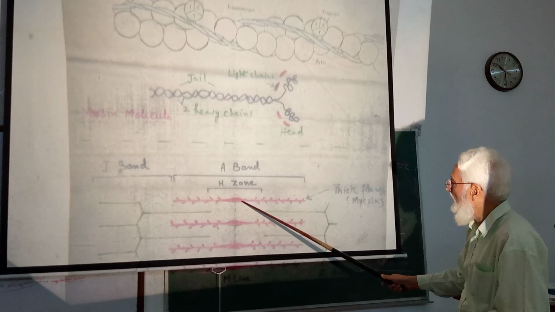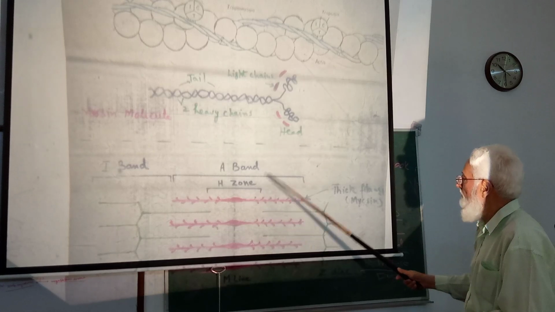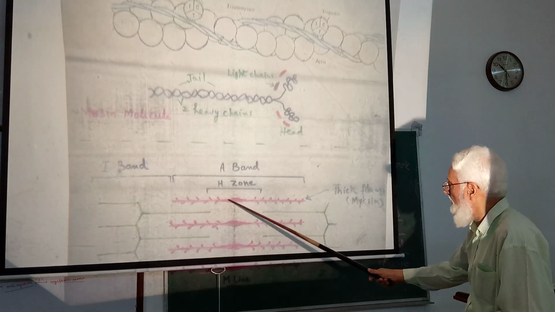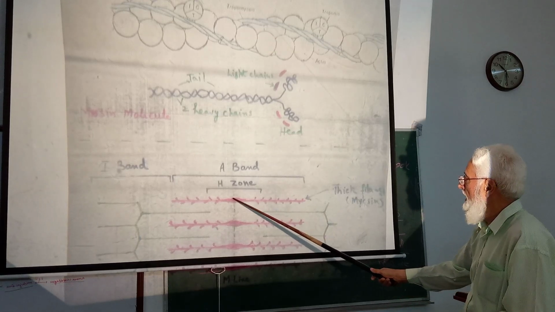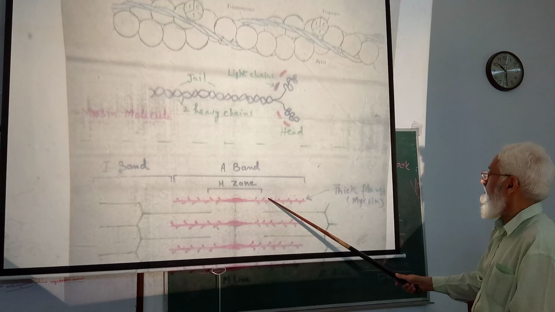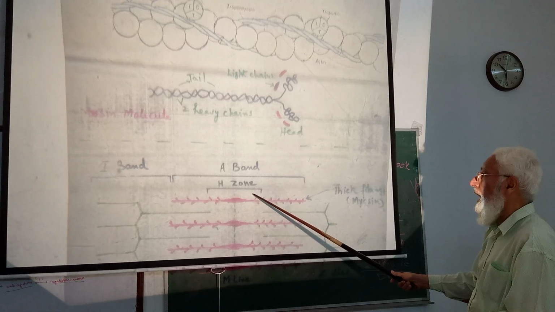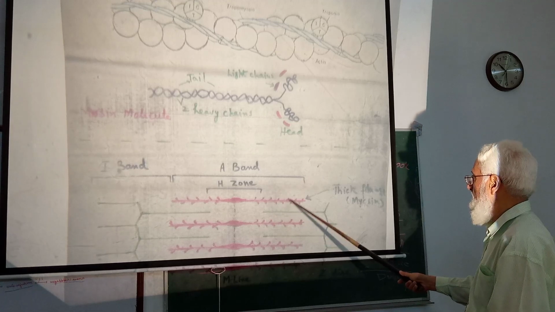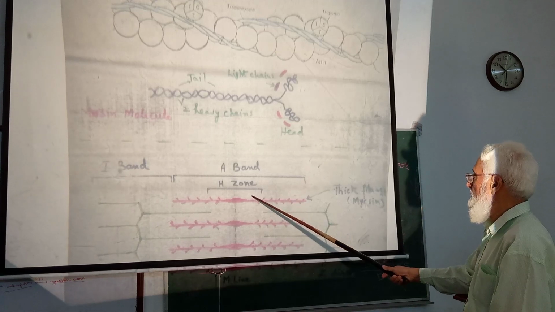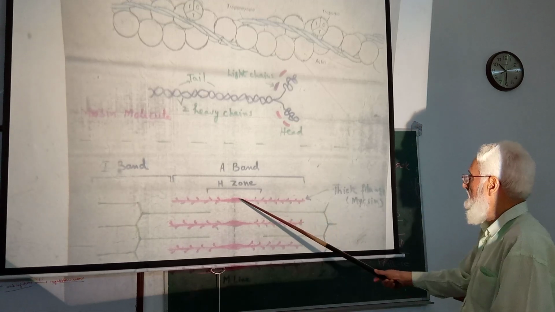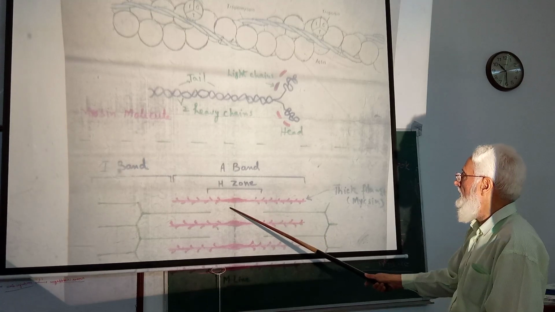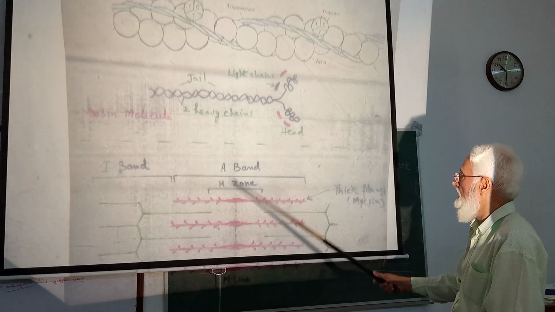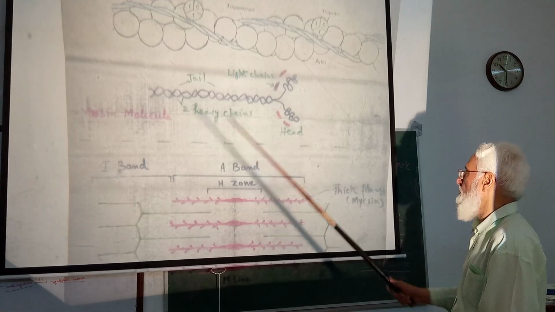So the body or tail portion of the myosin molecule is present in the central portion, while the cross bridges, that is the arms and heads, project out laterally.